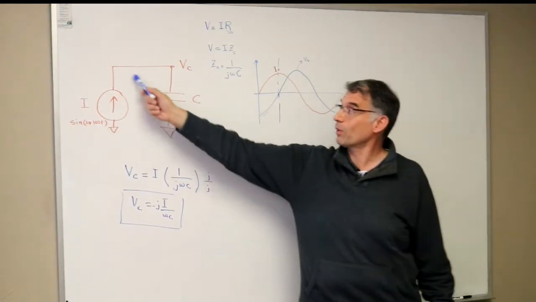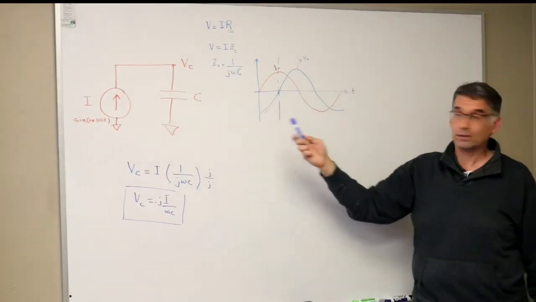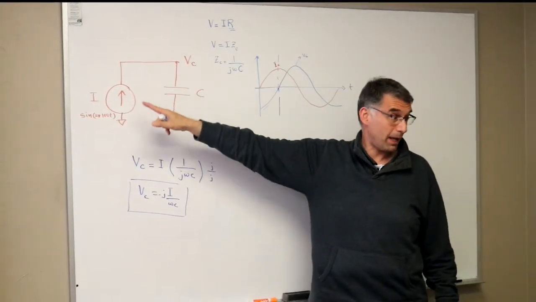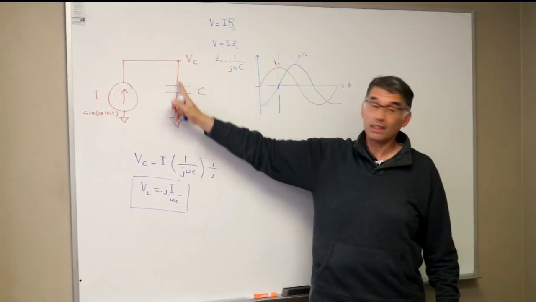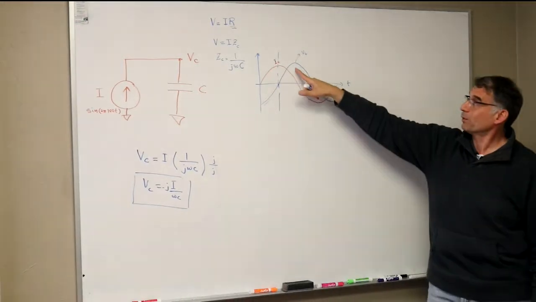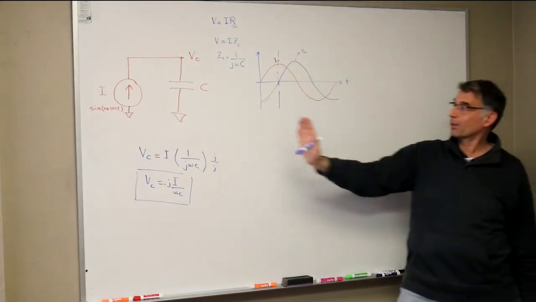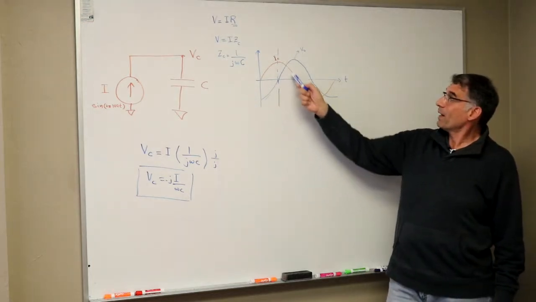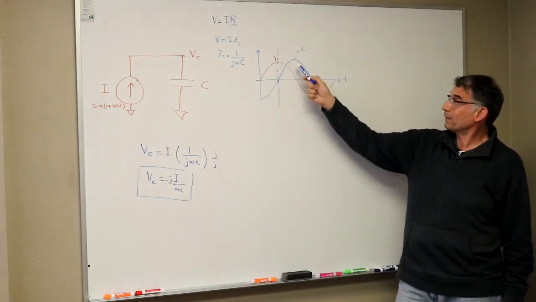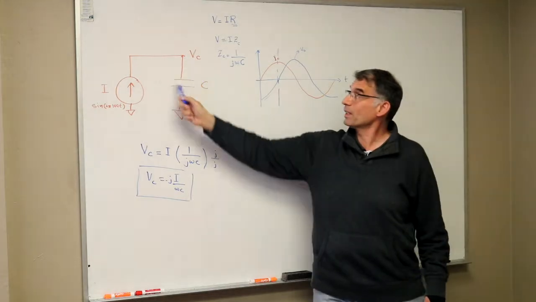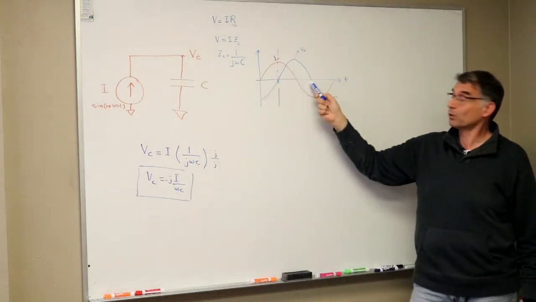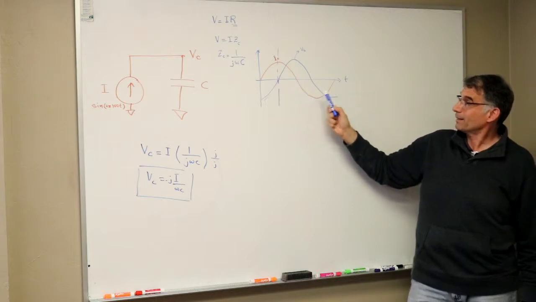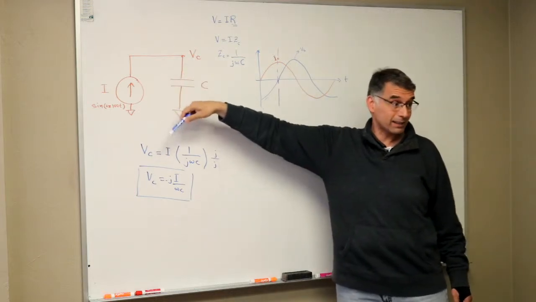Now the current starts going the other way. It's going negative, so it's flipping. So now it's going to take away charge from the capacitor, and as it takes the charge away, the voltage drops, because the current is going the other way. As the current becomes more and more negative, the charge leaves the capacitor and the voltage drops down to zero, and that's when the current is at its max.